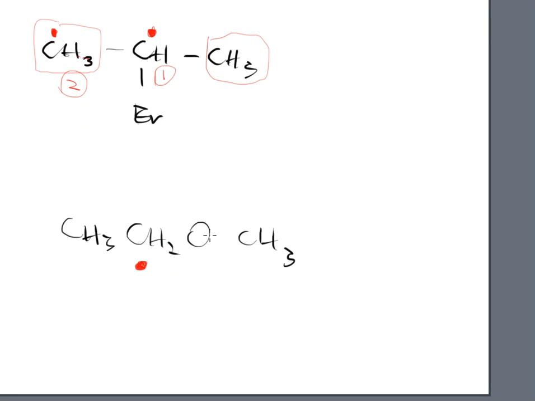Now I need to look at these two CH3 groups and determine, are they the same or are they different? And I don't have to replace the hydrogen with bromine, because the only thing I have to do is look at what's next door. The carbon to the right-hand side with those 3 hydrogens has a next door neighbor that is an oxygen, right?